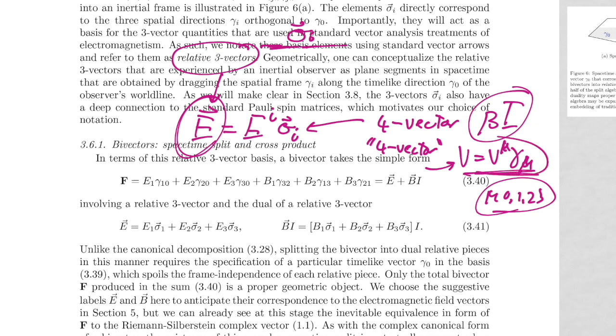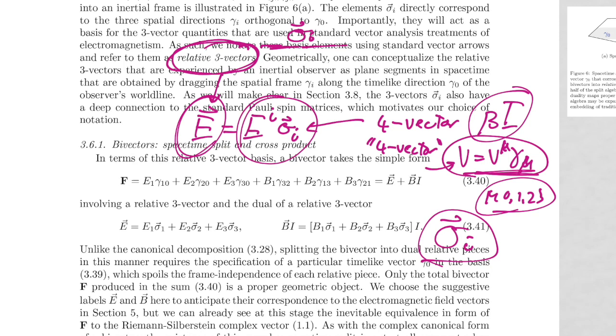A proper vector is going to be a grade 1 object in the space-time algebra, where a relative 3 vector is actually a bivector in the space-time algebra, because the sigmas are, in fact, bivectors.